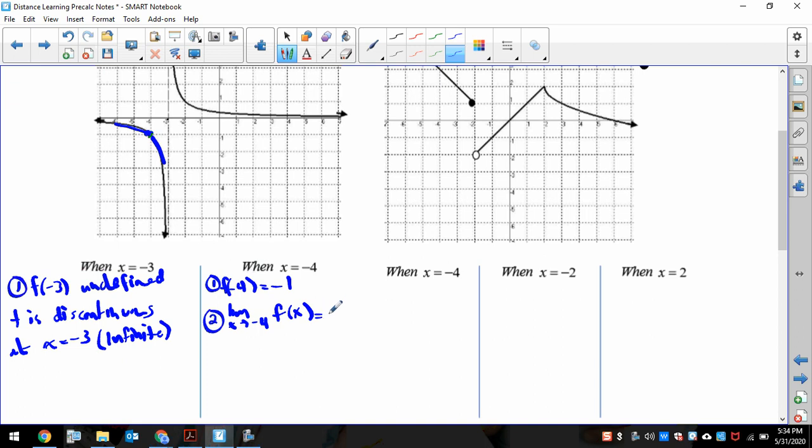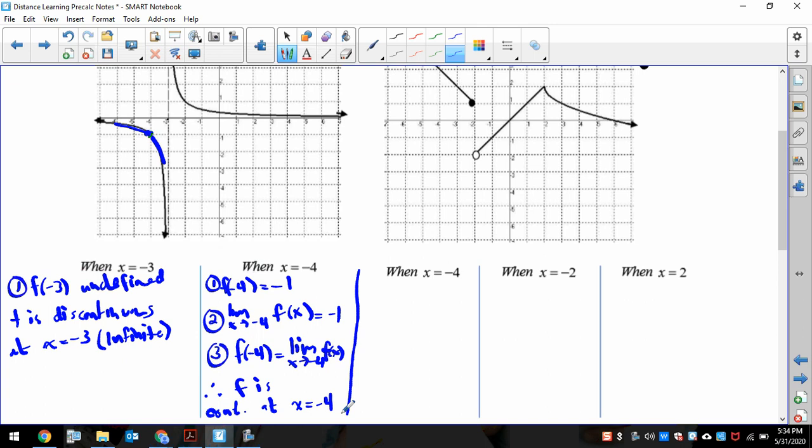So that's going to be -1. And so part 3 will say f of -4 equals the limit as x goes to -4. And then we can say, therefore, f is continuous at x equal -4. It's a lot of writing, it's a lot of work, but that's the idea.